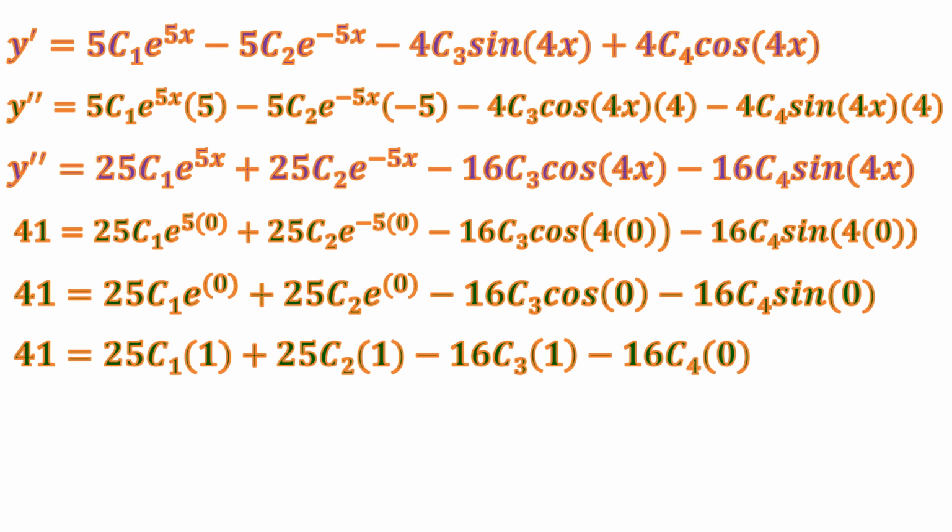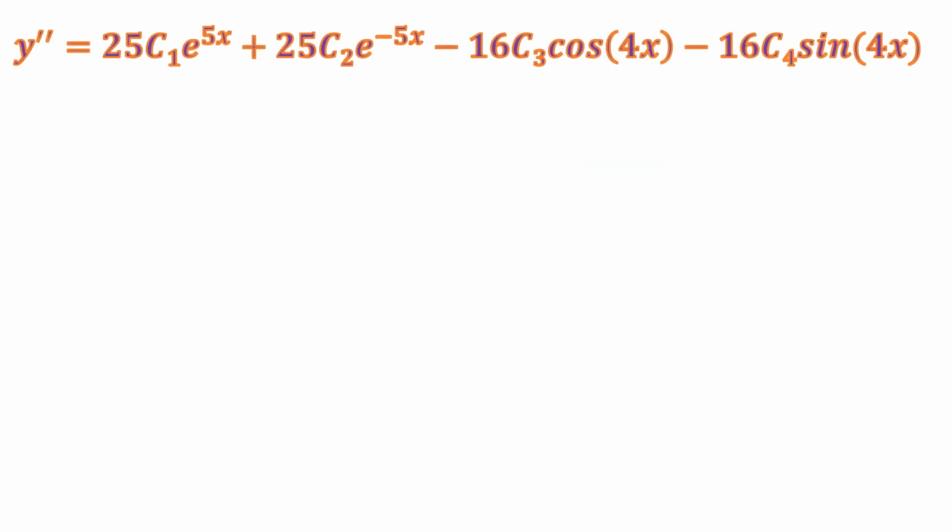Cosine of 0 becomes 1. Sine of 0 becomes 0. And so negative 16 c sub 4 times 0 will be gone because it's times 0. So this is another equation we have created.